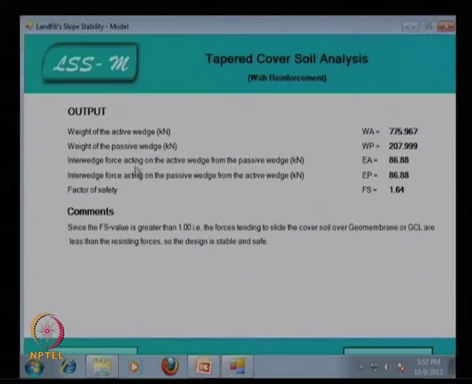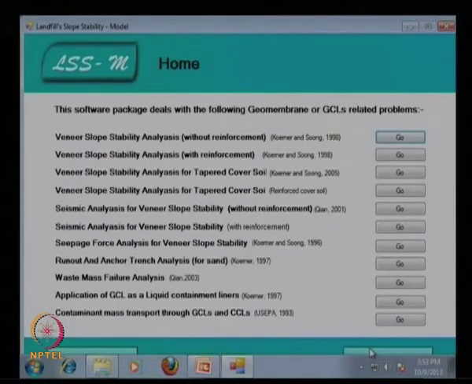You have the output: the weight of the active wedge WA is 775.967, for passive WP 207.999, and EA is 66.88 kilonewton and EP is 66.88 kilonewton and factor of safety 1.64. So, you find that the factor of safety value is greater than 1. So, it is a safe and stable structure.